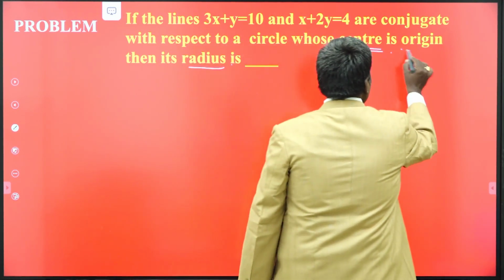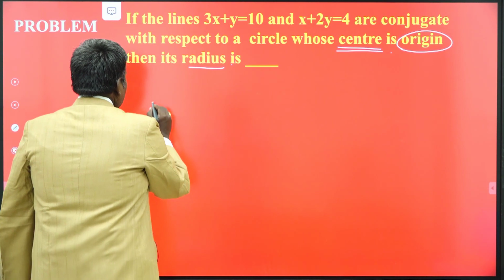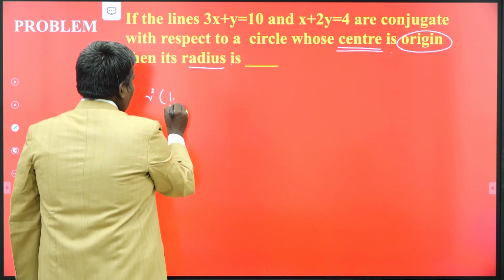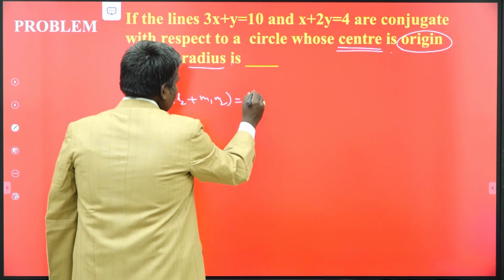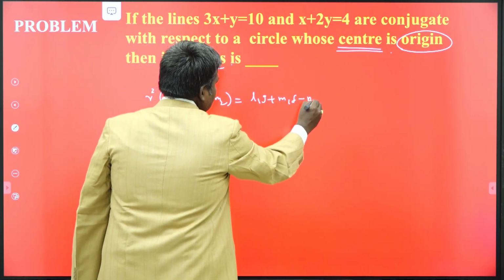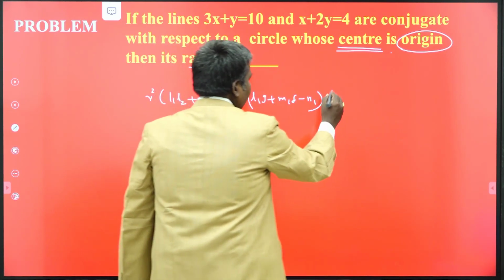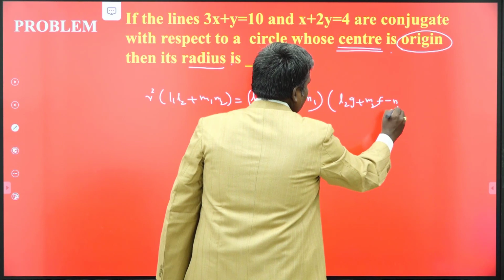You have to find the radius. We just derived the condition: R² (L1 L2 + M1 M2) = (L1 G + M1 F − N1)(L2 G + M2 F − N2).